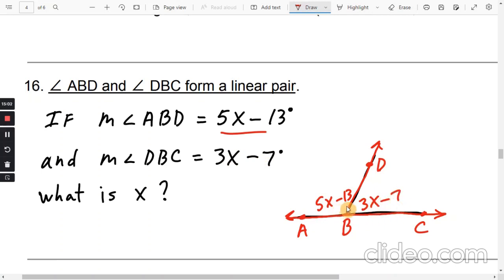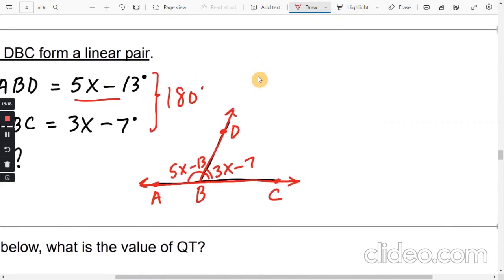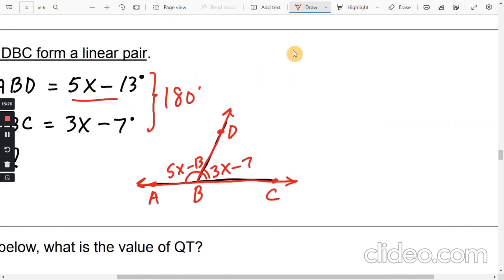All right. So these 2 angles, when you add them together, they make that straight line. So when you add them together, they're going to equal 180 once you combine them. All right, because that's a straight line. That's what a linear pair is. All right, so 5x minus 13, and we're going to add that to 3x minus 7.